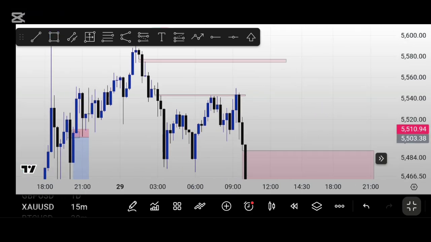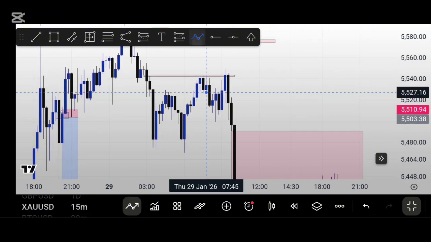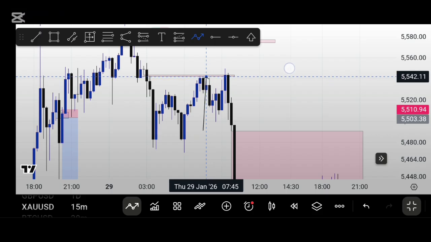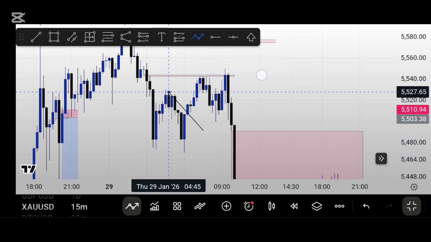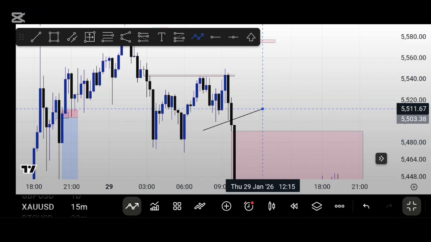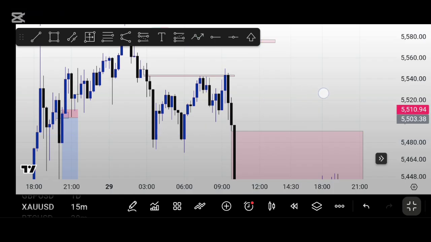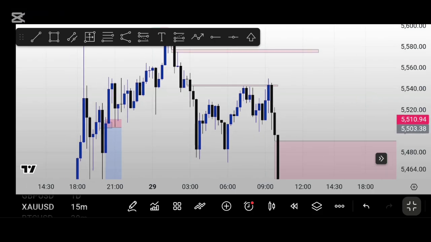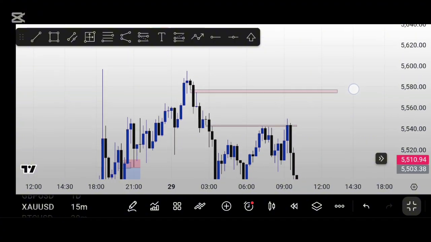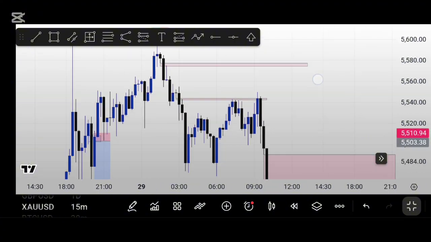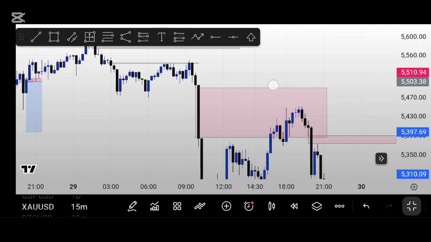That was the first reaction the market reacted to. It reacted to the fair value gap first of all, came down here before going up to react to the order block before dropping down massively. You understand? So every gap the market leaves between 3 candles is considered a fair value gap, as long as there's a gap at the center.